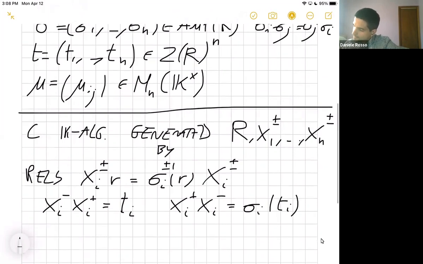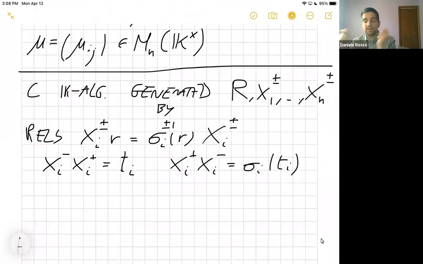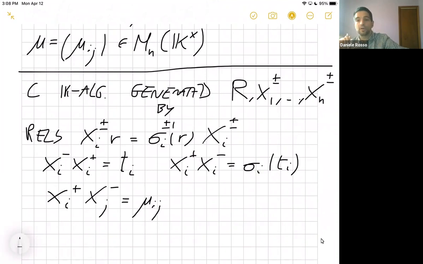Okay, and then I need to tell you what happens if I take generators with two different indices. So if I take x_i plus and x_j minus, I can switch them, but then I pick up one of those mu scalars.